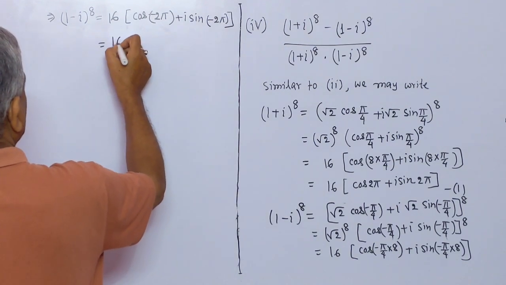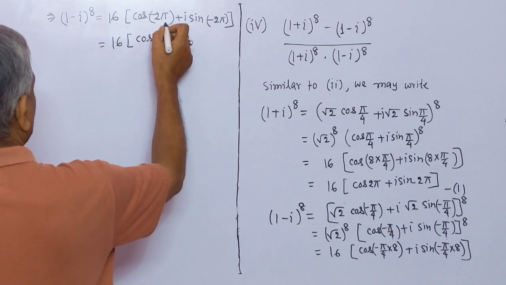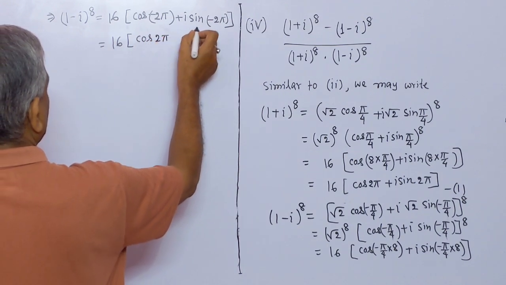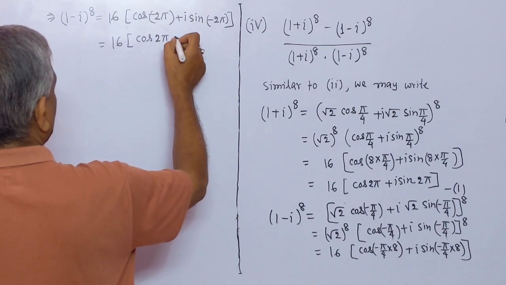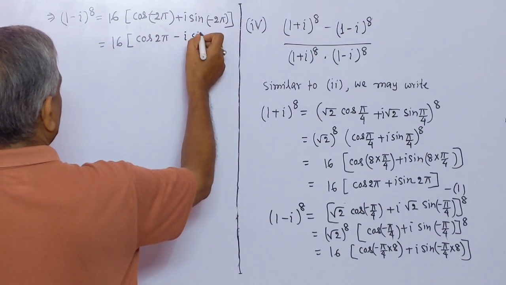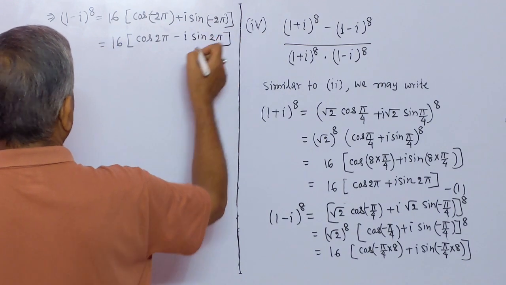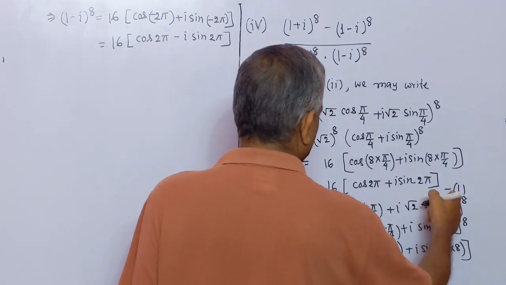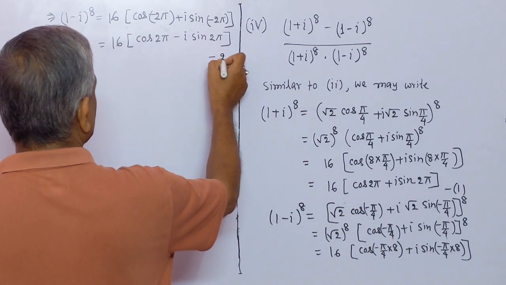This is equal to 16, cos minus theta equal to cos theta, so cos 2 pi, and sin minus theta equal to minus sin theta, so minus I sin 2 pi. Let this be number 2.